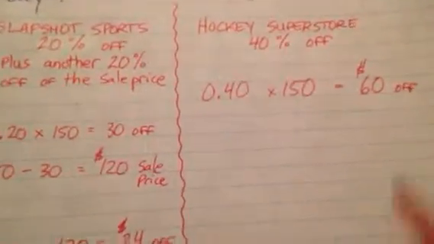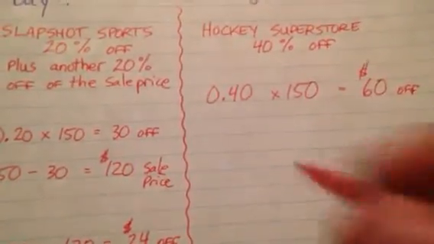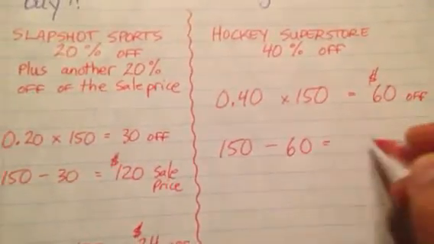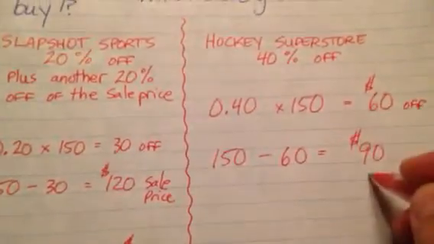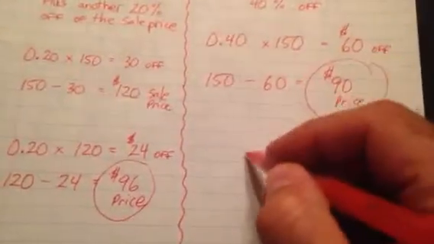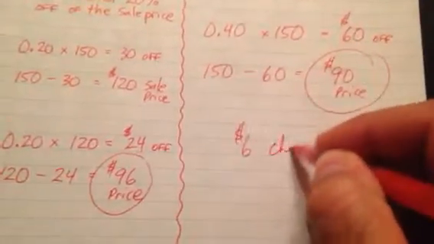So when we take off 60 from 150, the new price is $90 at the Hockey Superstore. So in fact, this store is $6 cheaper.